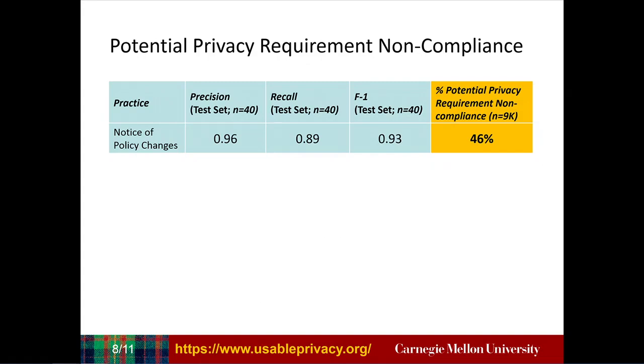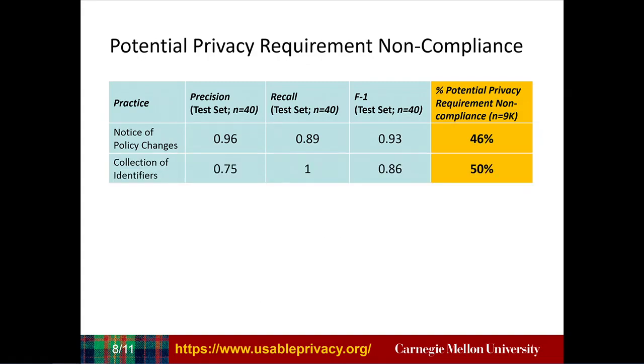The other practices that I want to discuss refer to the discrepancy between policy language and apps. So, for example, the collection of identifiers, identifiers being device IDs, ad IDs, MAC addresses, happens in apps quite frequently, and 50% of apps don't disclose this practice in their privacy policy.